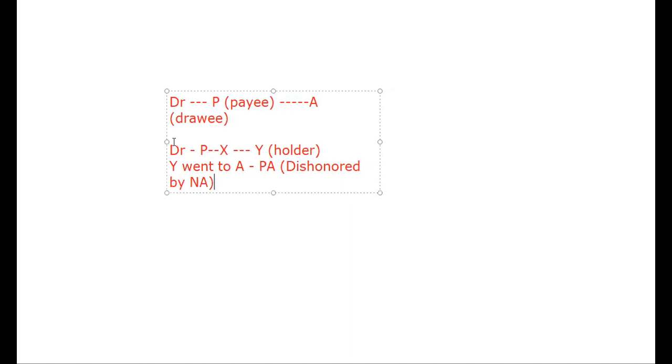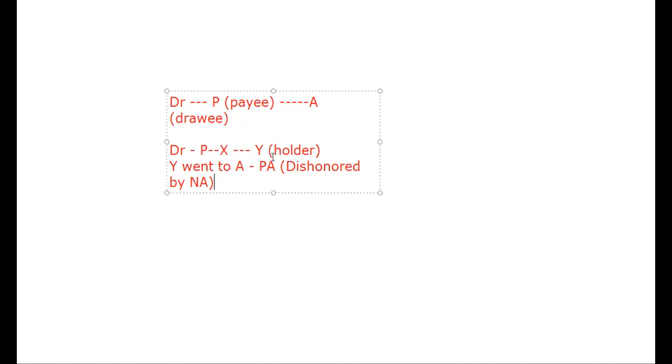Why? Sabi kasi ni drawer doon sa section 62 that if the instrument is dishonored, you served him first the notice of dishonor before he will pay the holder or any person who might be compelled to pay it. So paano nangyari yon? So ang dapat niyang gawin, Y, when he presented that instrument to A, the drawee dishonored it for non-acceptance.